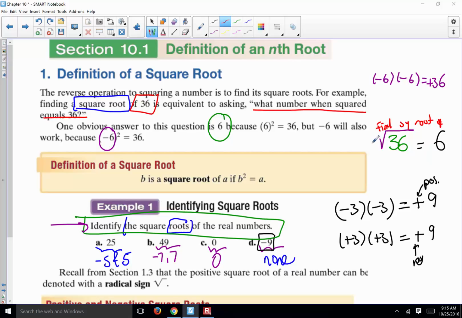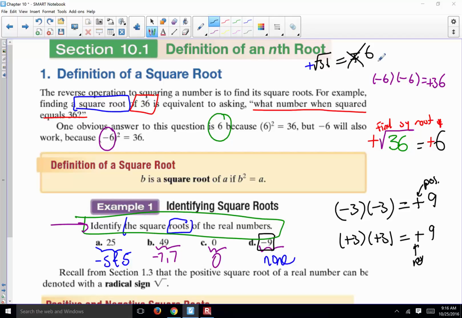If we don't see any sign in front, we always mean the positive one. Again, if this symbol doesn't have any sign in front, we always mean the positive option. Essential, very important, guys. This is one of the common mistakes. When I ask what is the square root of 36, people always give me plus or minus 6. Wrong. If you don't see any sign, it's plus.